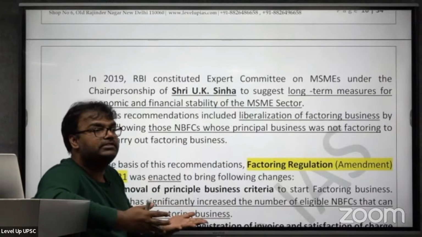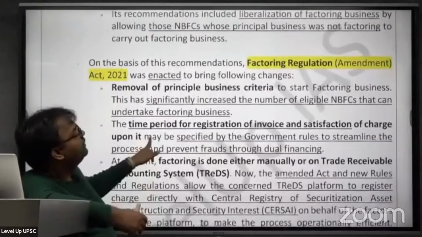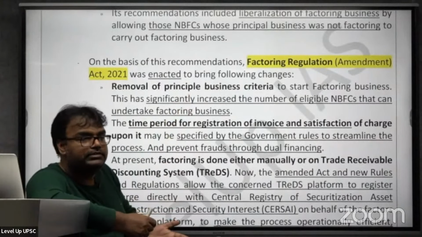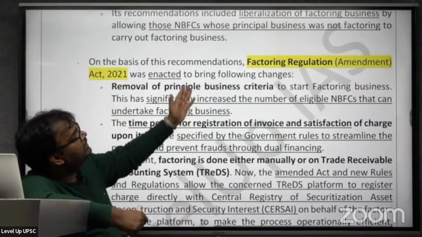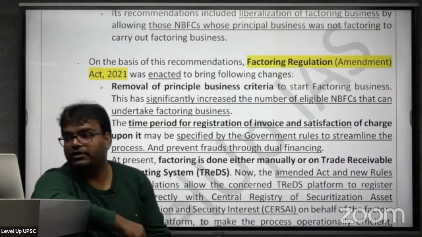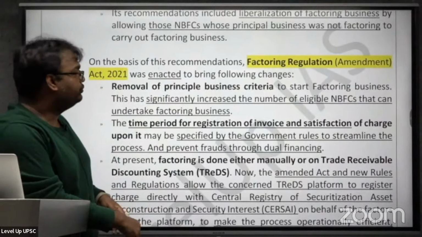How would the factoring business be liberalized? To implement the liberalization of the factoring business, the government passed the Factoring Regulation Amendment Act 2021.